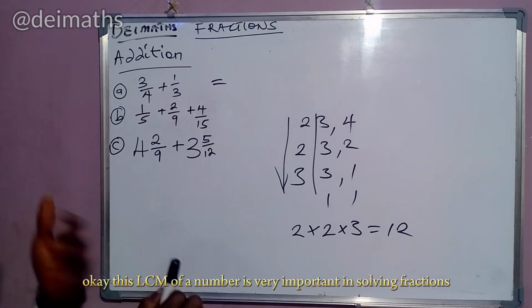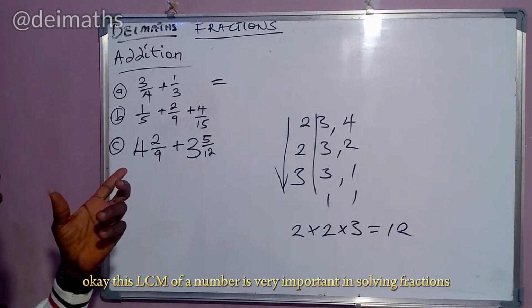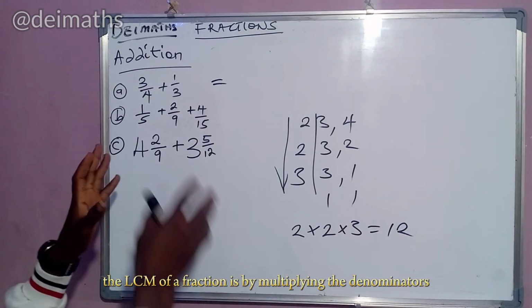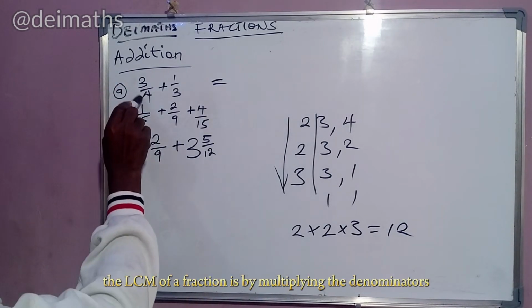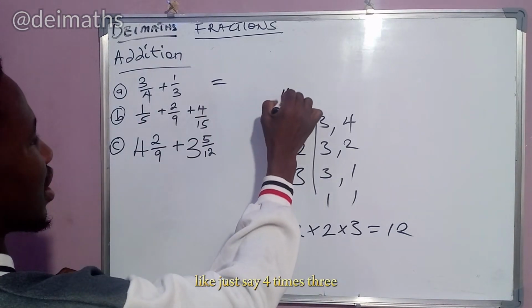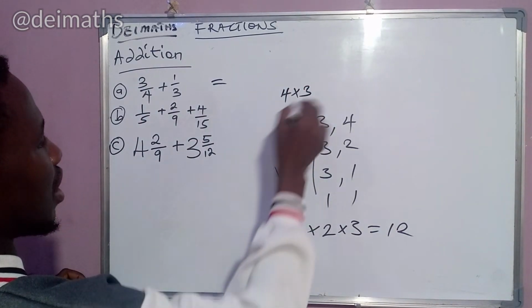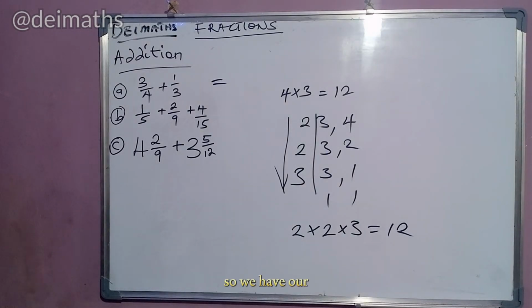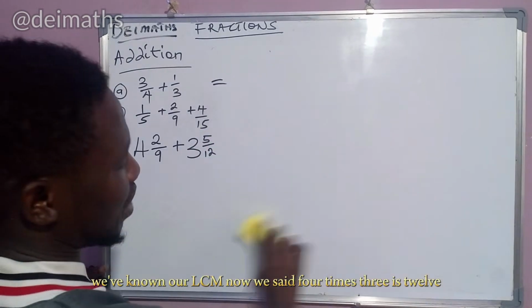This LCM of a number is very important in solving fractions. Another method you can use to find the LCM of a fraction is by multiplying the denominators. Like just say 4 times 3, which will give us 12. So we've known our LCM.